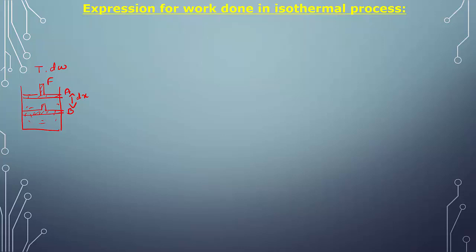So let us consider the work done equation here. What is work done? The product of force and displacement. Force into displacement is called work done. Or we can write dW is equal to force F into displacement dx.